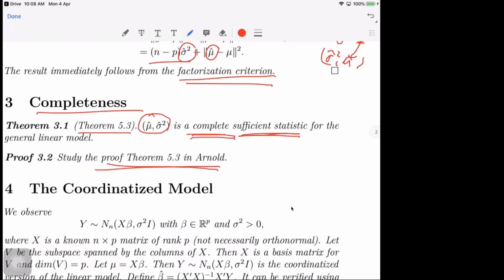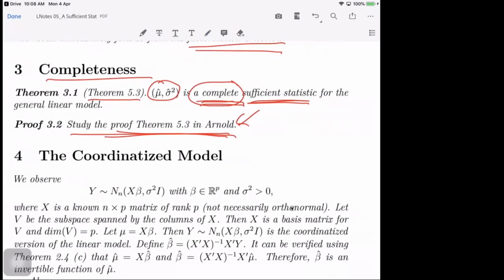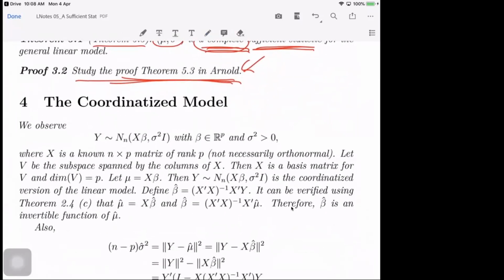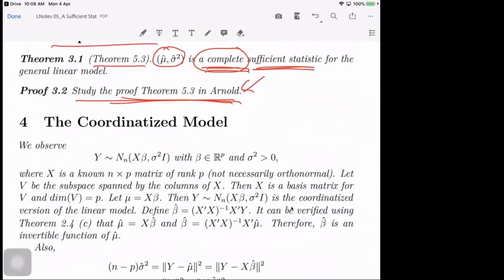If you are interested in knowing what a complete sufficient statistic is, you study the proof of Arnold in Theorem 5.3. And of course, you can learn more about completeness in your inference class. In your inference class you should scrutinize what is sufficient and complete. For now, in linear models, you know that mu hat and sigma hat square are complete sufficient statistics. Okay.